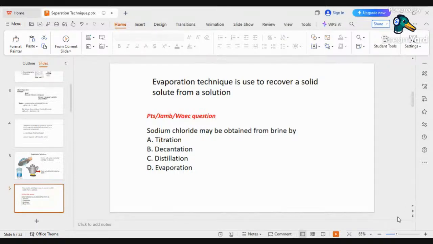Watch your screen. They said evaporation techniques is used to recover a solid solute from a solution.